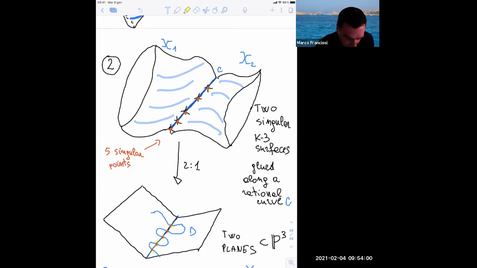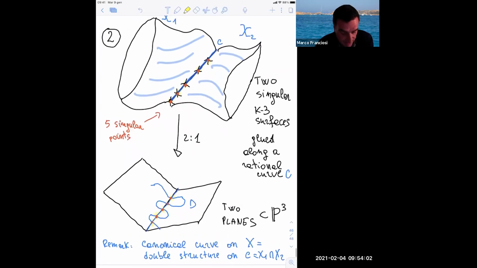And in this case, it's nice to see that the canonical curve is given by a double structure on the intersection curve given by the two K3 surfaces. We have that the canonical curve is equal to 1/2 of C, C reduced, sorry.